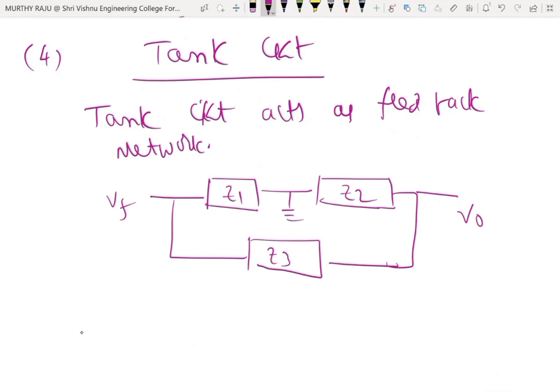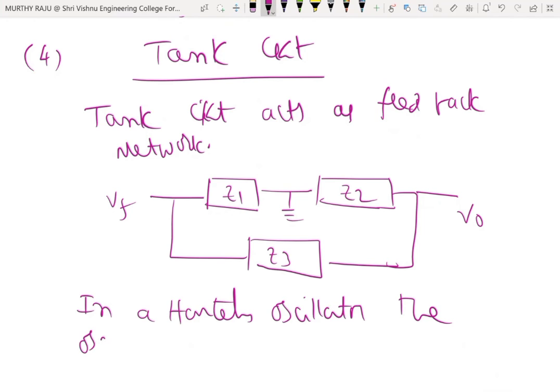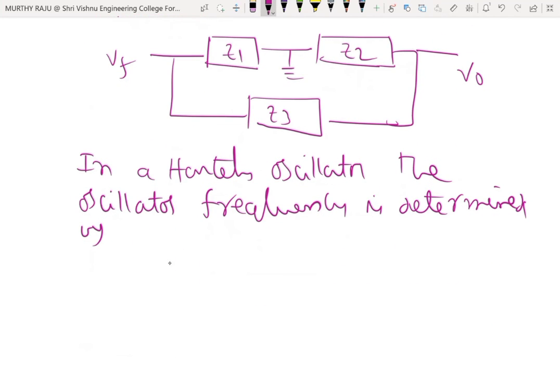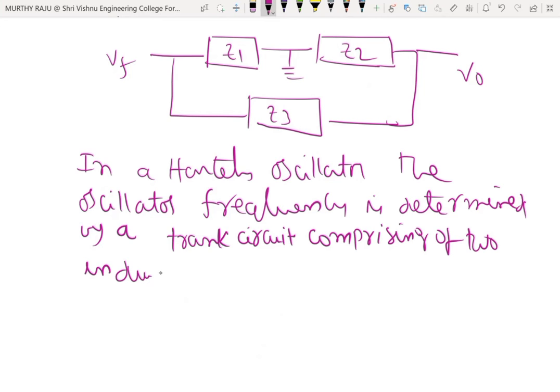In a Hartley oscillator, the oscillator frequency is determined by a tank circuit, comprising 2 inductors and 1 capacitor.